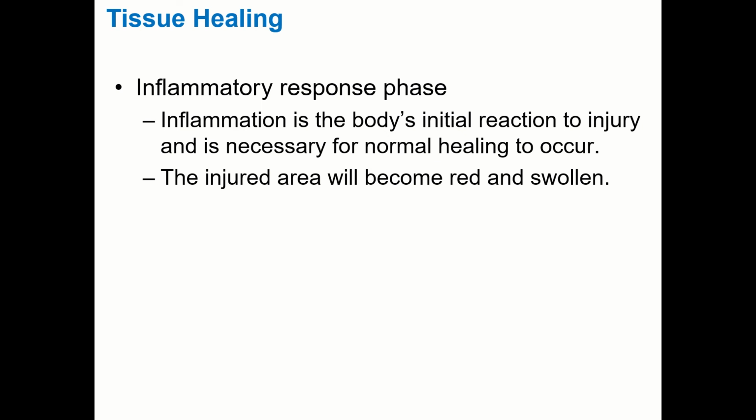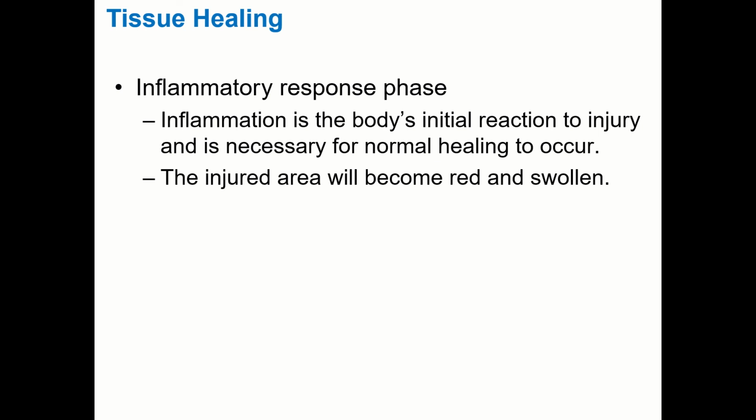Basically, the combination of lots of big cells in the area plus capillary dilation plus increased capillary permeability, both of which are modulated by the inflammatory molecules secreted by damaged cells, all add up to swelling in the injured area.